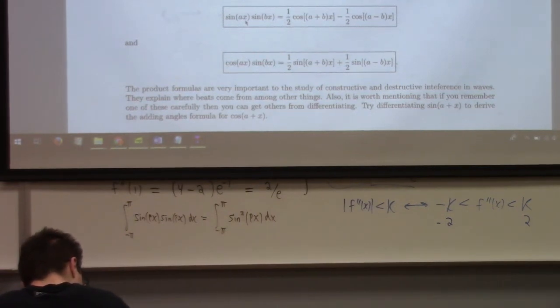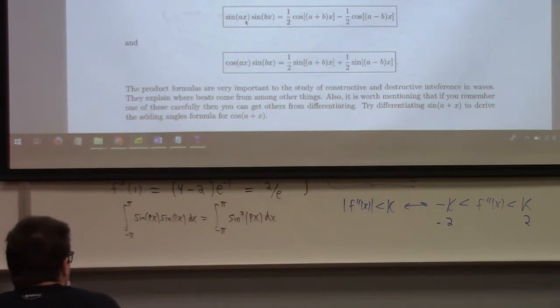I think the next one's okay. If I put a and b equal, I recover the 2 sine theta cosine theta equals sine 2 theta identity, as a check. Anyway, I need to fix that.